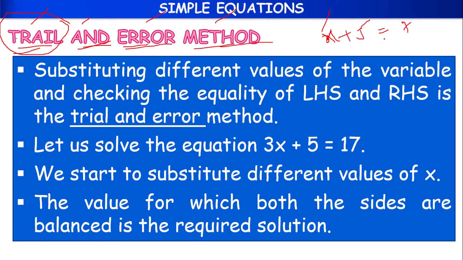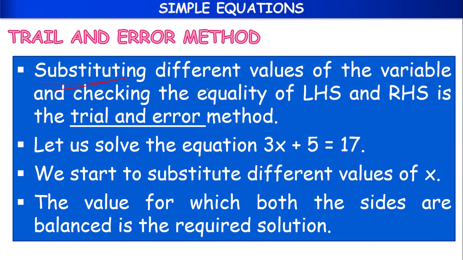If error comes, that is not true, we will change to another value. Like that we go on trying with the different values until the equation becomes true. That kind of method of solving an equation is called trial and error method. Trial and error method means just by guessing we are trying to find the values.